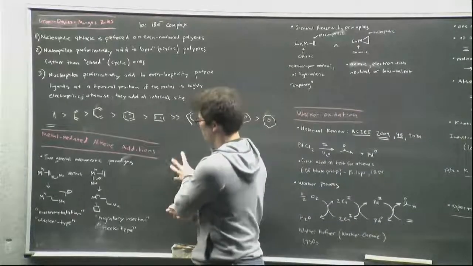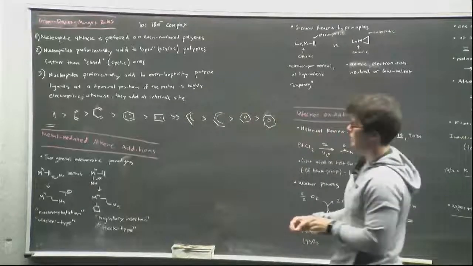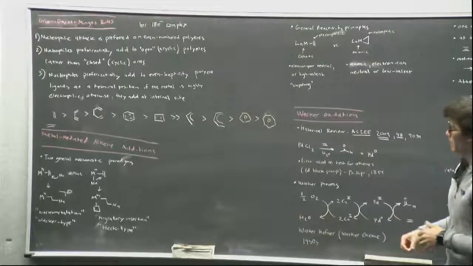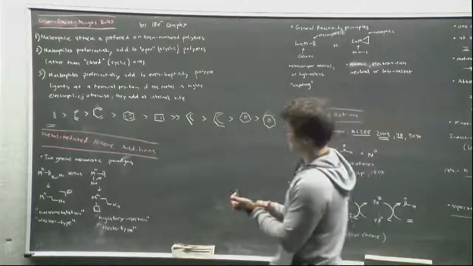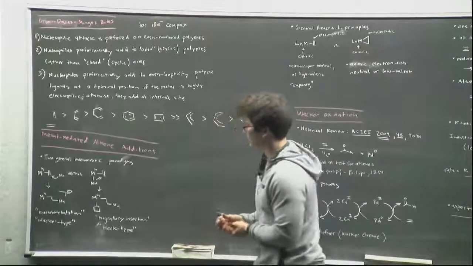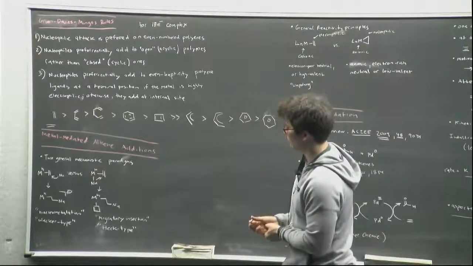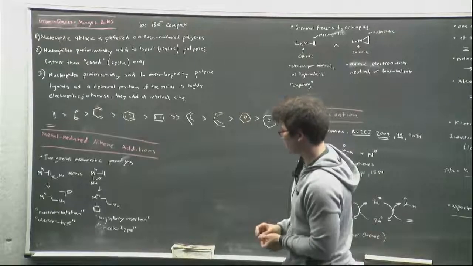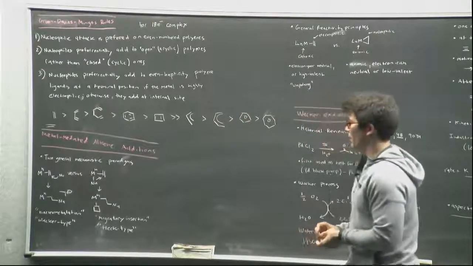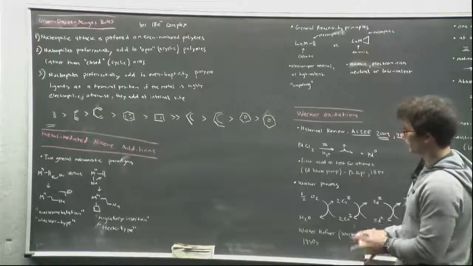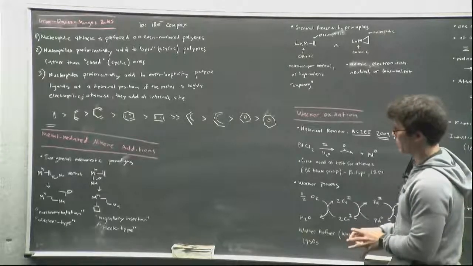So now thinking specifically about metal alkene complexes and their reactivity, this is a little bit of review because we did discuss this earlier in the context of migratory insertion reactions. But there are two general mechanistic paradigms that we're going to discuss today.